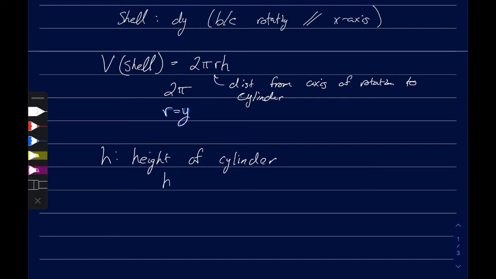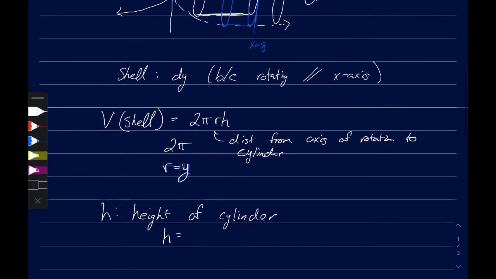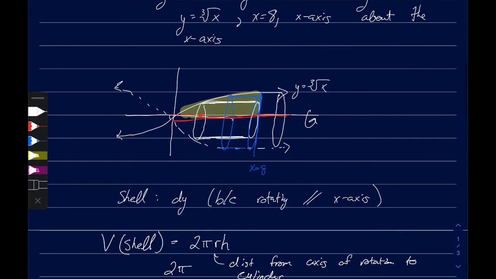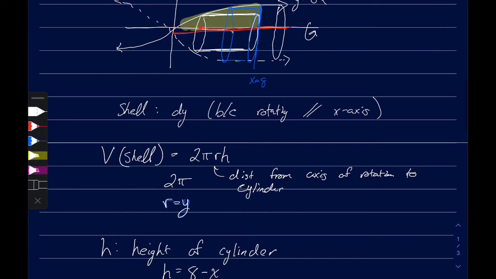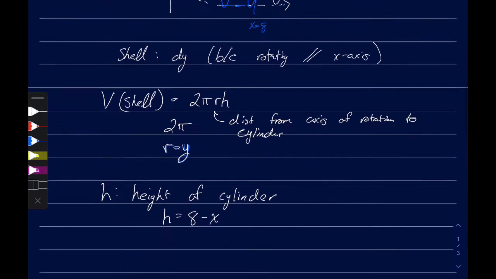So the height of our cylinder, h, is going to be 8 minus the cube root of x, or, my apologies, 8 minus x. So let's go ahead and write 8 minus x. Okay, why is it 8 minus x? Because as x increases along here, our cylinder stays at a distance 8 minus x away.